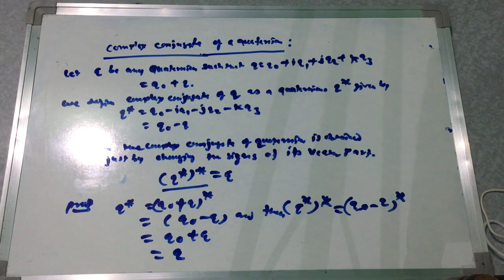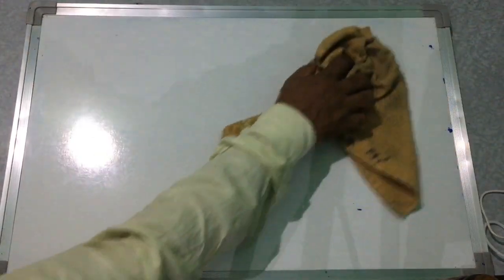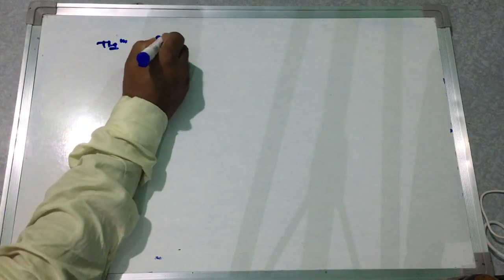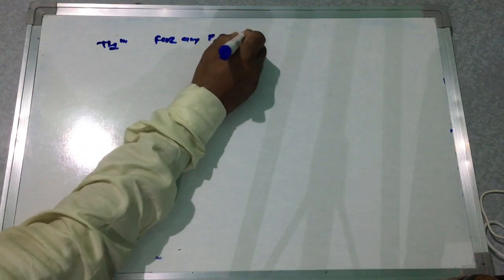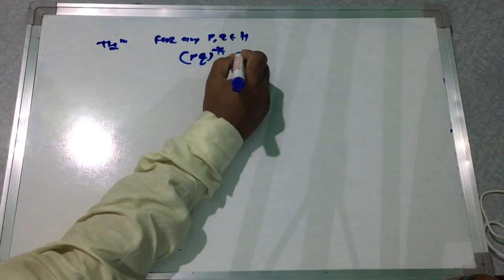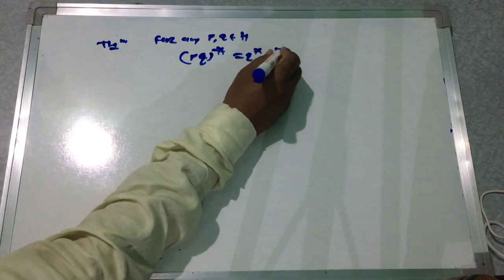So we have to see again. Theorem: for any P and Q belonging to H, (PQ) star is nothing but Q star into P star.